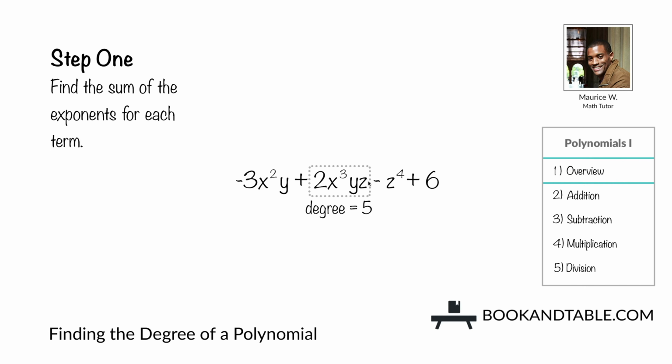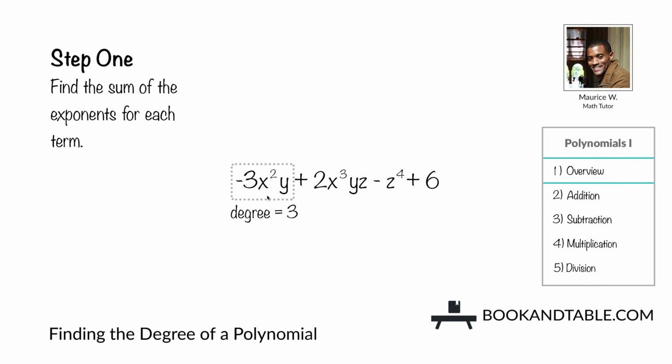If we add up the exponents for the 3 variables, z has an exponent of 1, y has an exponent of 1. Remember, anything to a power of 1 is just itself. So when you don't see it, the exponent is 1. So we get 1 plus 3 plus 1, and that would be equal to 5.